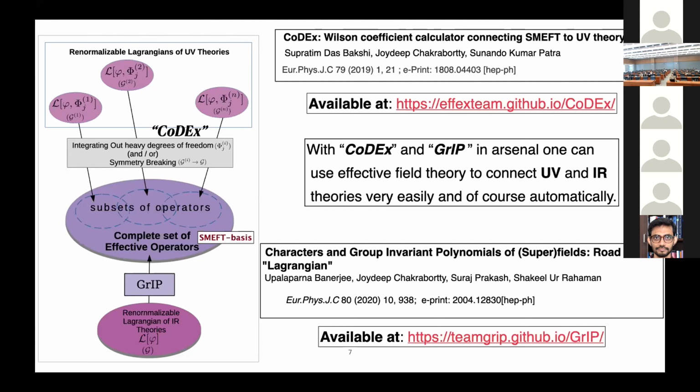If you want to extend the SMEFT basis based on future discoveries, for that you need to include them using this grid. So one can go both ways. You can try to find out what kind of UV theories are degenerate from the effective point of view and what are not, and how to discriminate them and so on.